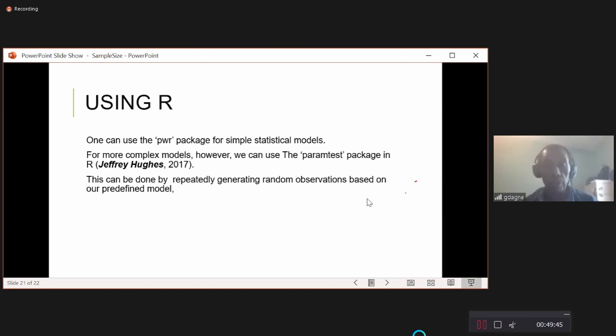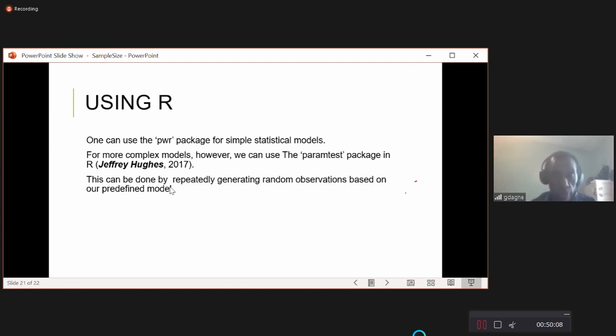But now you'd like to find out the minimum sample size that's needed in order to detect a difference between one group and another of this much, a standard effect size. So what do you do with that model? You generate random observations from that predefined model. You start with a model with all the values there.